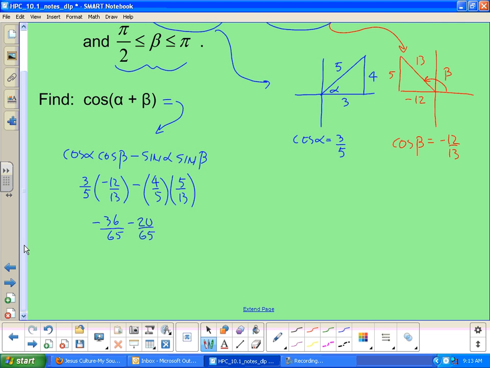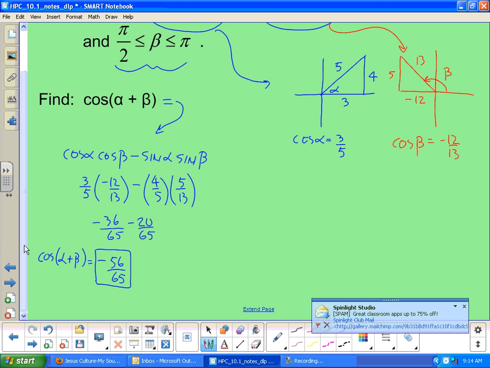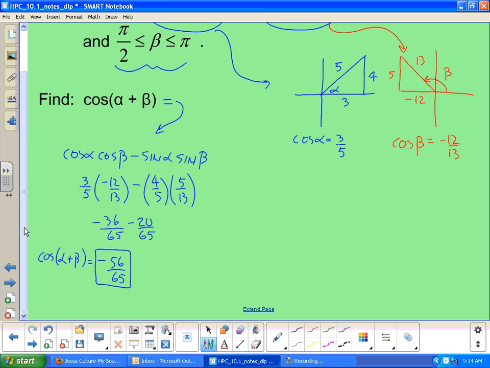And this finally reduces to negative 56 over 65, which is what this cosine of alpha plus beta is going to equal. I don't think I can reduce anything there. Making sure I plugged everything in right, I think I'm good here. Negative 36 minus 20, negative 56 over 65. And there is your ratio.